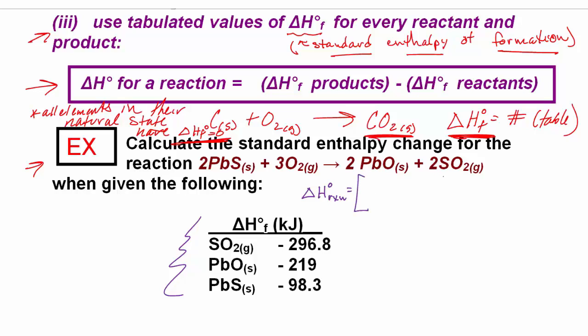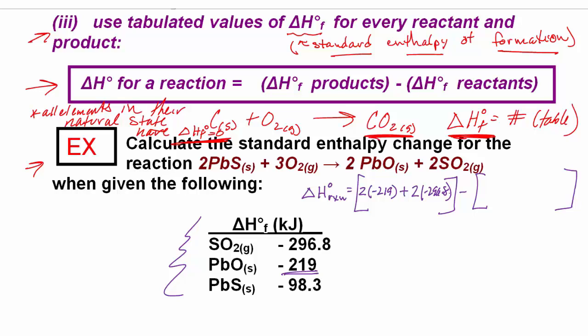Take all the enthalpies of formation of the products minus the enthalpies of formation for all the reactants, and we'll have our answer. So we need 2 lead oxide, it's negative 219. And we have 2 moles of sulfur dioxide, negative 296.8.